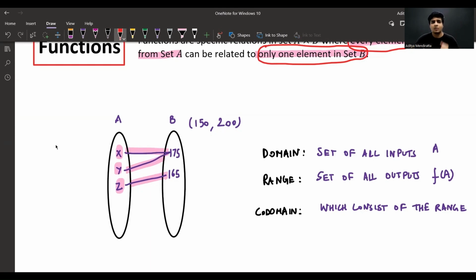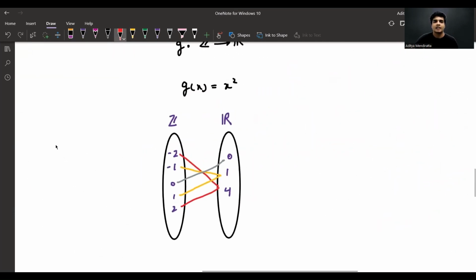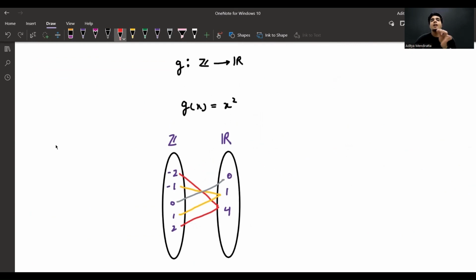There are uncountably infinitely many elements in this interval which do not have a pre-image in A. Similarly, if we check our original function g from Z to R, g of x equals x square, we will observe that the set R of real numbers also has uncountably infinitely many numbers which do not have a pre-image in Z, in the domain set. So what if I don't want that to happen?